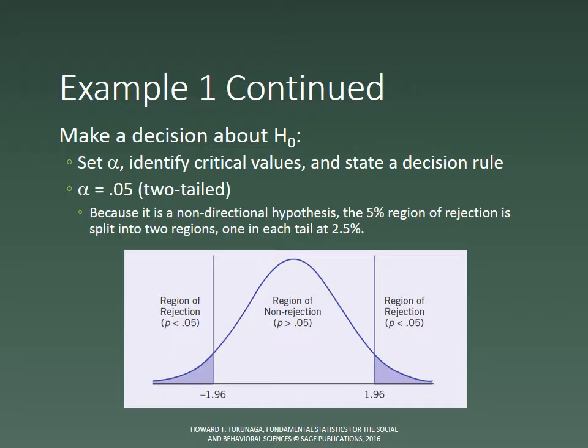That 5% uncertainty, or 0.05 alpha level, is split into two regions at the tail end, as shown in this picture. So if it's at a p-value less than 0.05, we're going to reject the null hypothesis. If it's above 0.05, we will not reject the null hypothesis.